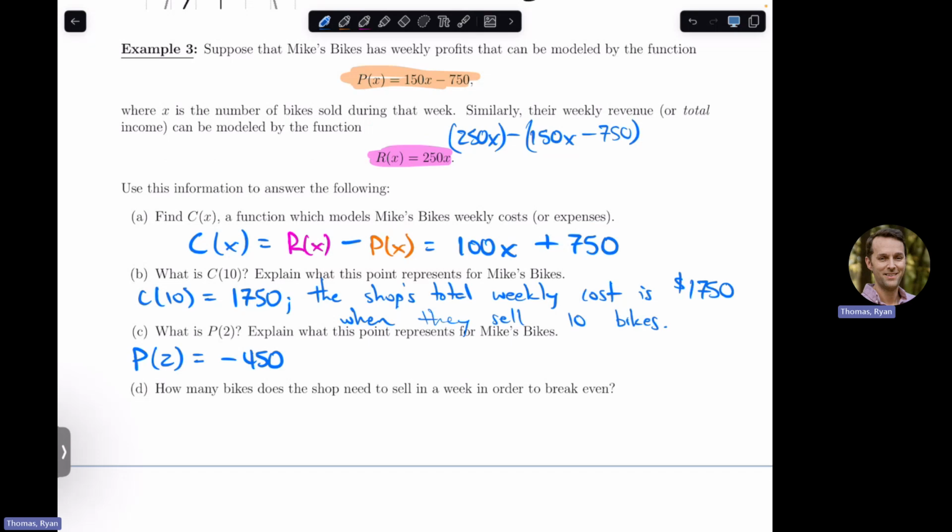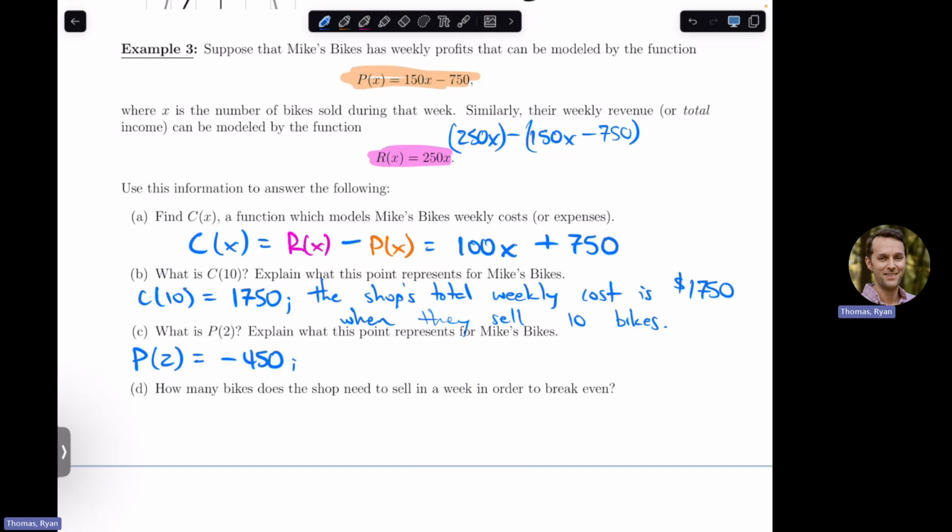Which means I may have done that wrong this morning. I have to go check that before I post the message. Yeah, negative 450 because 150 times 2 is 300. 300 minus 750 is negative 450. What does that mean? Profit when they sell 2 bikes.